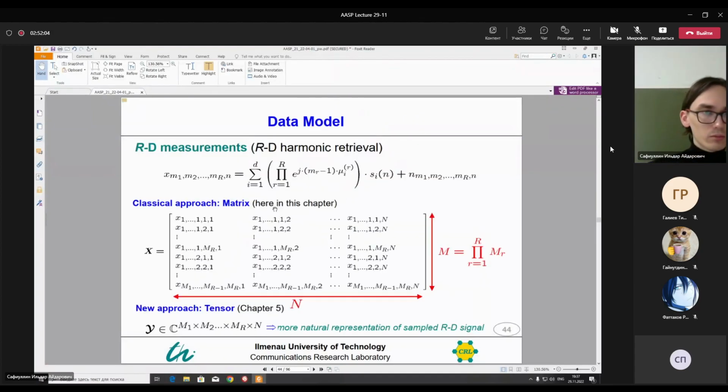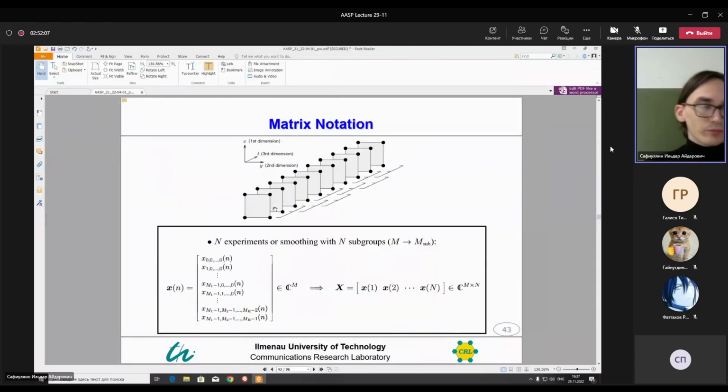Let me check. So this one, I think something like 0, 0, 0. Then if we go to X1, 0, 0, and we need to, no, 0, 0, 0. With the matrix representation, it is hard to see all these things.